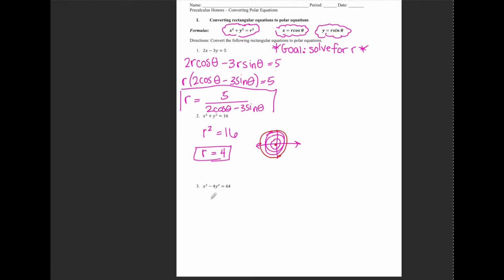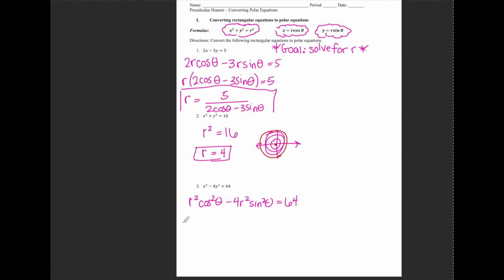For number 3, I have x squared minus 4y squared is equal to 64. I'm going to have to get a tiny bit creative here. I know that x is equal to r cosine theta, so that means x squared is r squared cosine squared theta. For y squared, I know that that's r squared sine squared theta, and that's equal to 64.